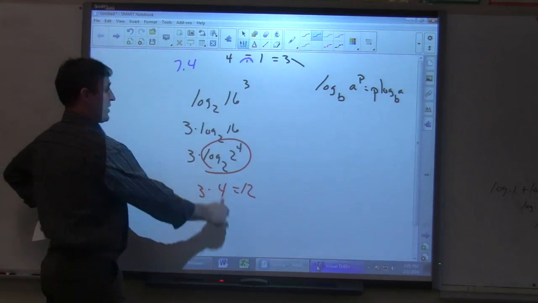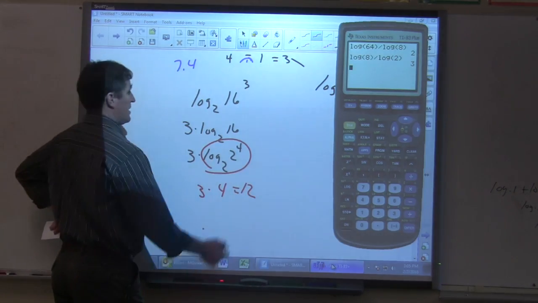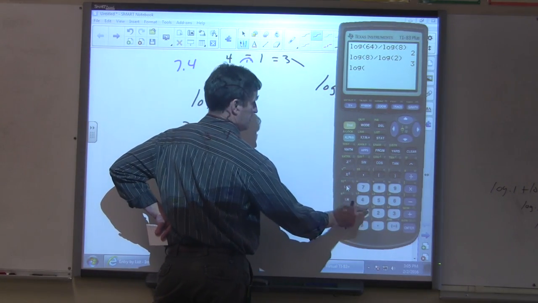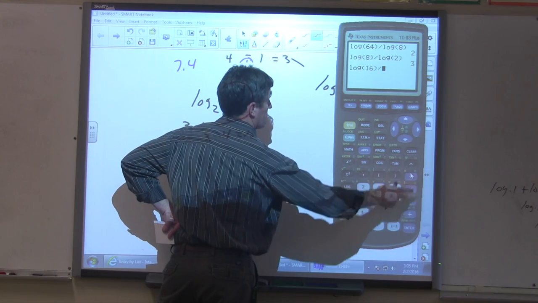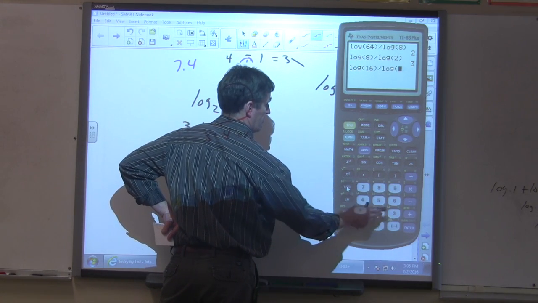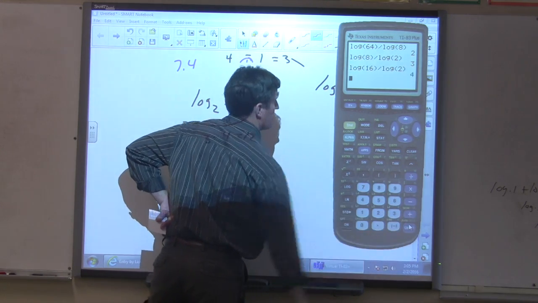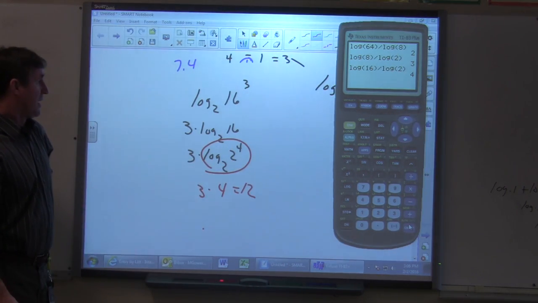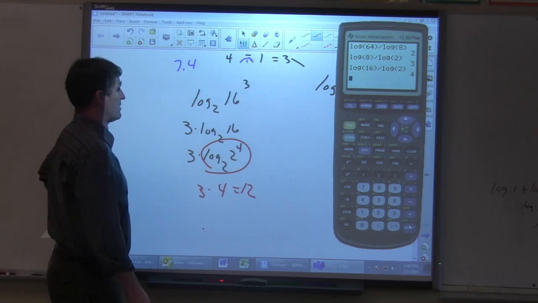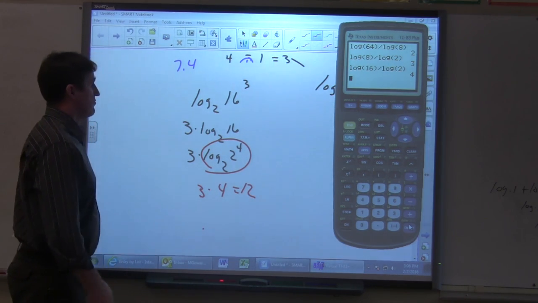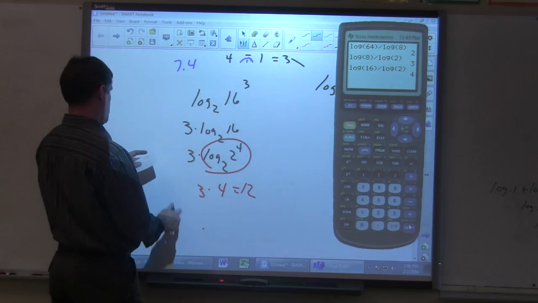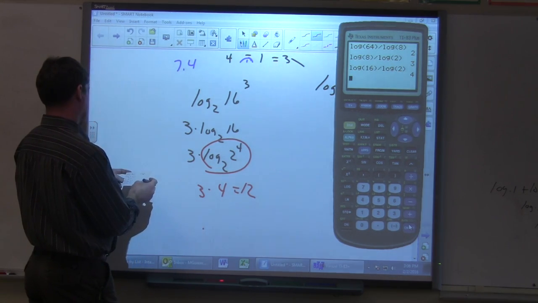You could have also gone to the graphing calculator here and done log 16 divided by log 2. And you get 4, and 3 times 4 is 12. So that's just another way you could have done that problem. So that's number 26.